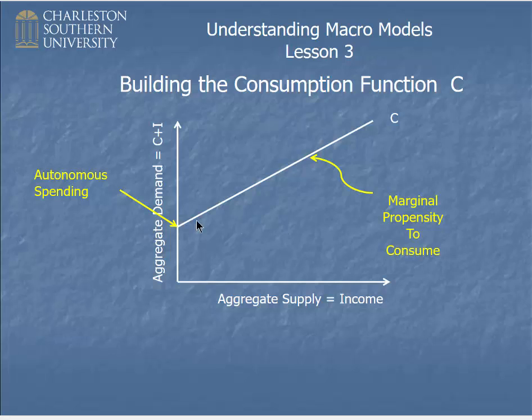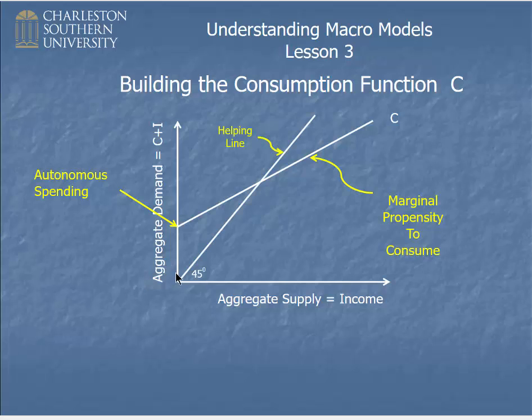If this were a math class, this would just be some straight line, and this thing over here would be called the y-intercept, and this would just be called the slope, usually the symbol m. But it's not. This is a Keynesian model, so this is autonomous spending, and this is the marginal propensity to consume.